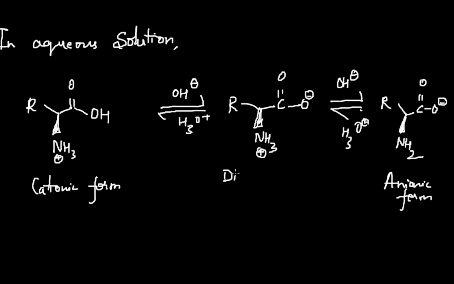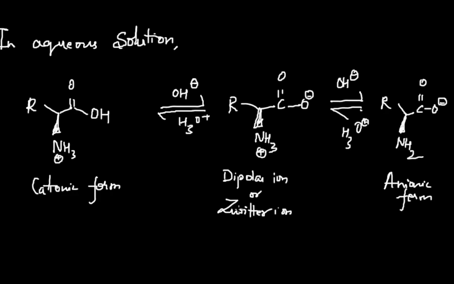This is the dipolar ion or Zwitter ion. So there exists an equilibrium among these three ionic forms.